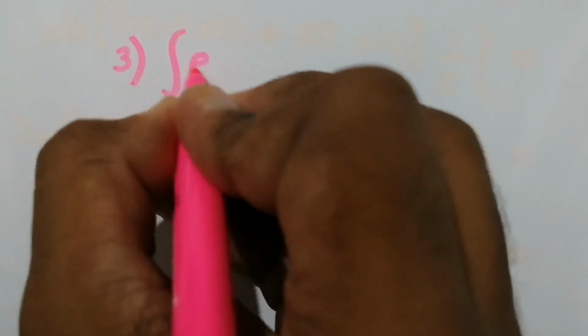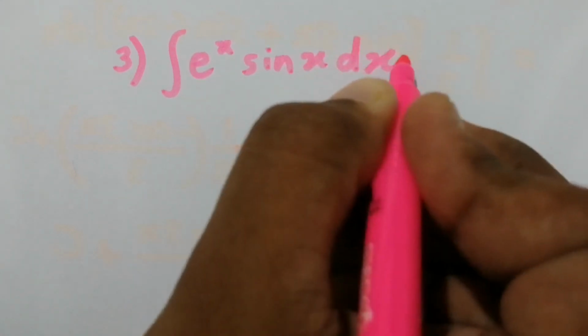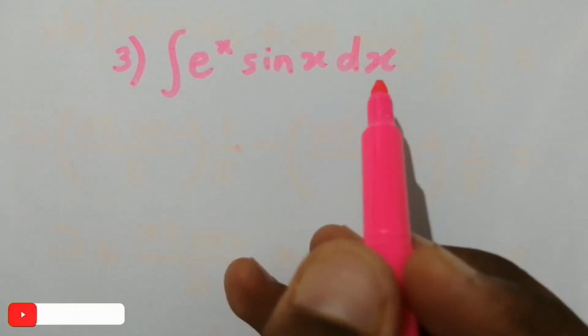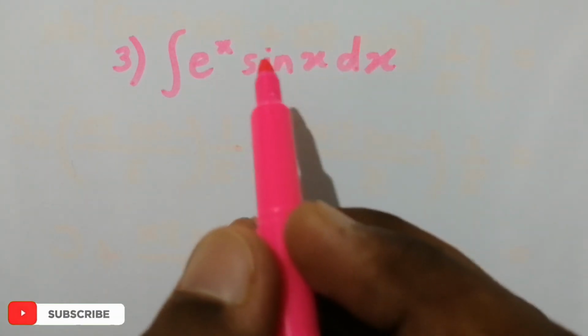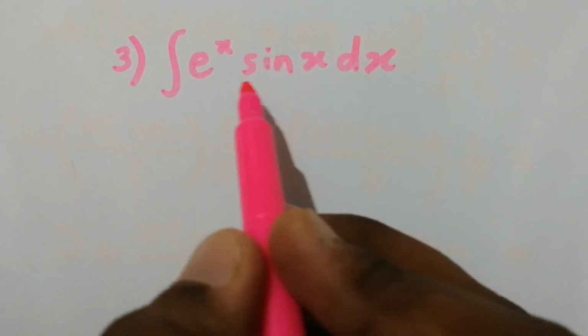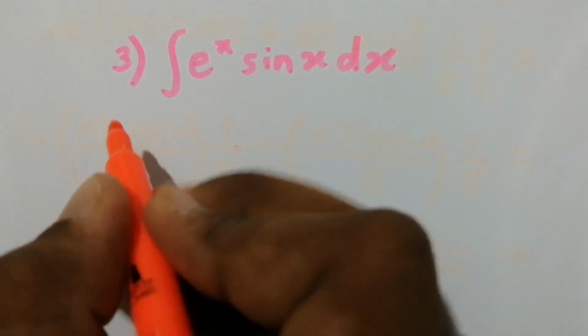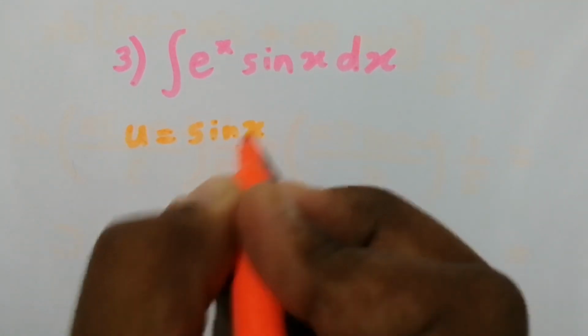The next one I am using is integral e^x sin x dx. Always keep in mind, when there is an exponential function, always leave it for the v part. Then at once you can take u as sin x in here. Let u equal sin x.